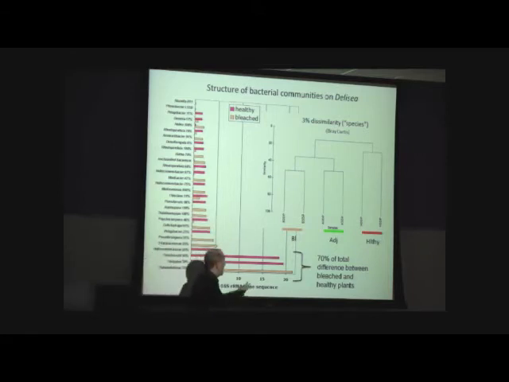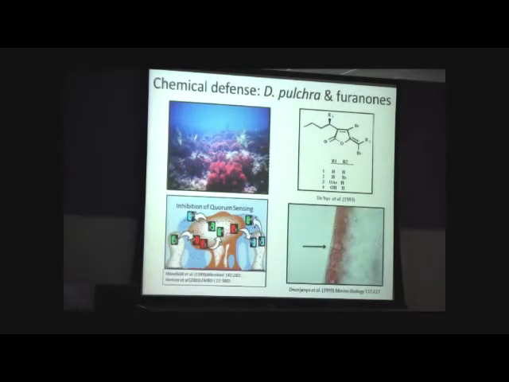You show that bleached and adjacent tissue, that adjacent tissue is a tissue next to bleached, but it's unbleached, group separately from healthy plants. So again, there's a systemic change in bacteria that are on the whole thallus. And it turns out that it's a relatively few taxa that are changing quite dramatically.